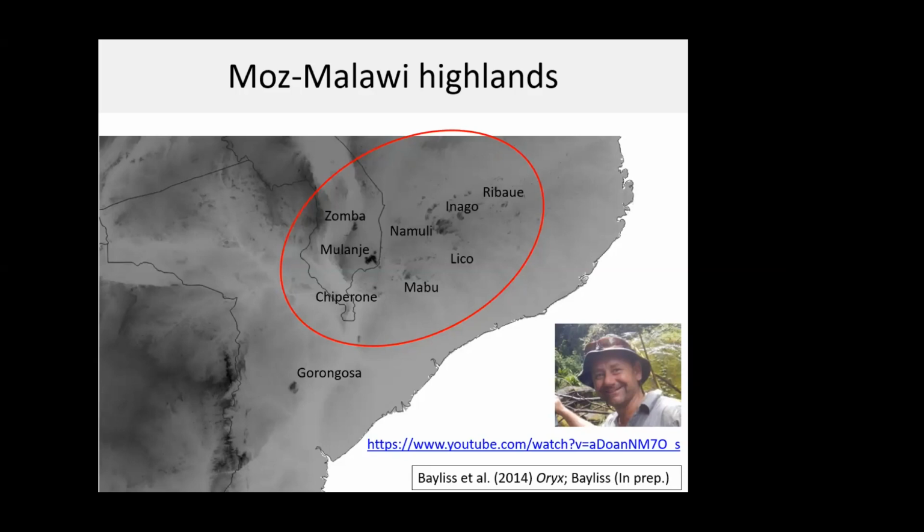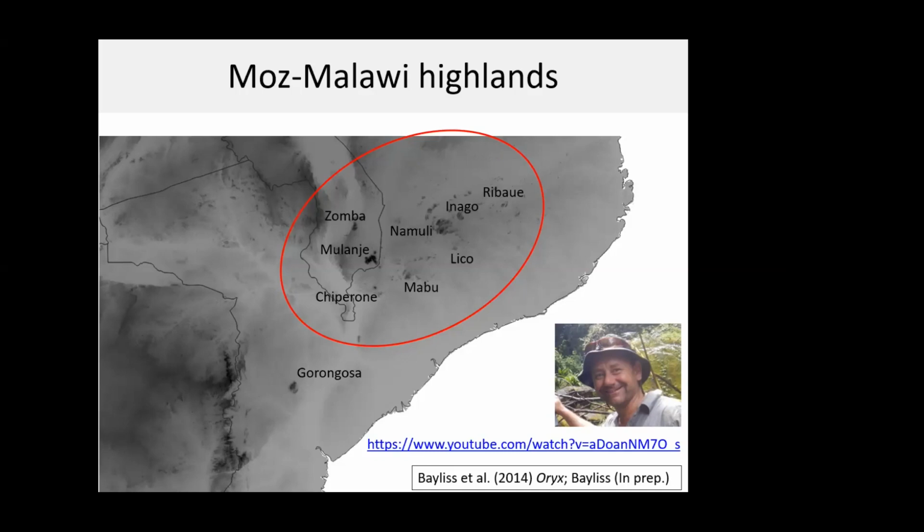All of these mountains are under severe pressure, and they are being deforested and are likely to disappear very quickly. So here's a species that seems to be entirely restricted to these very endangered forests, and further highlighting the importance of this region.